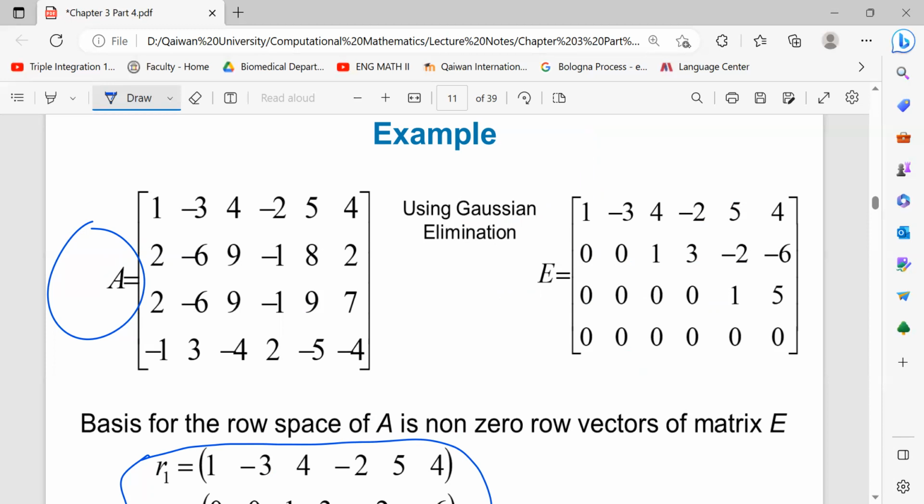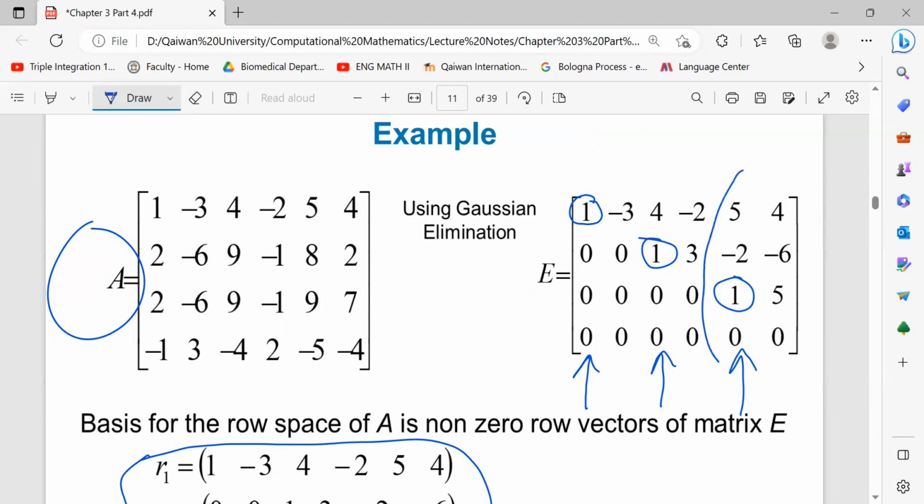We just select the first non-zero entries of the rows, which is 1, okay? This one and this one. Look, this one is in this column. So this column, and this column, these 3 columns are the basis for the column space.